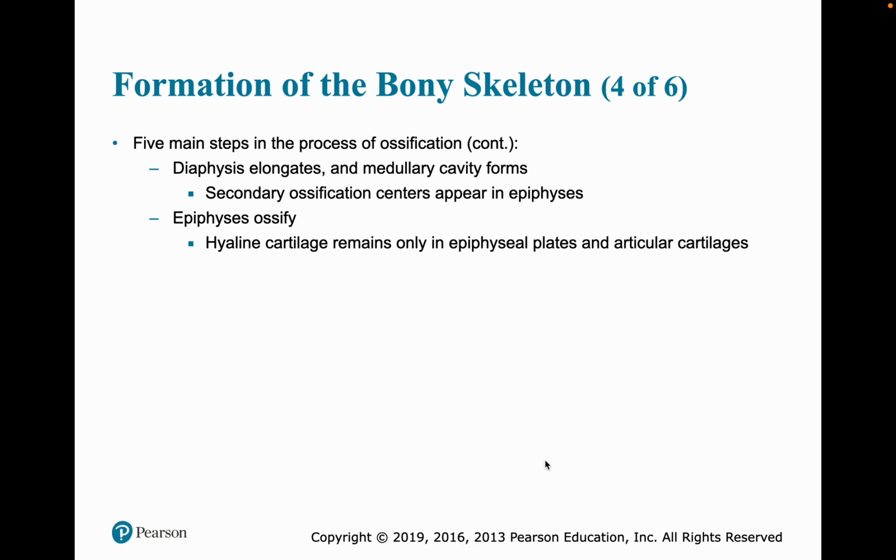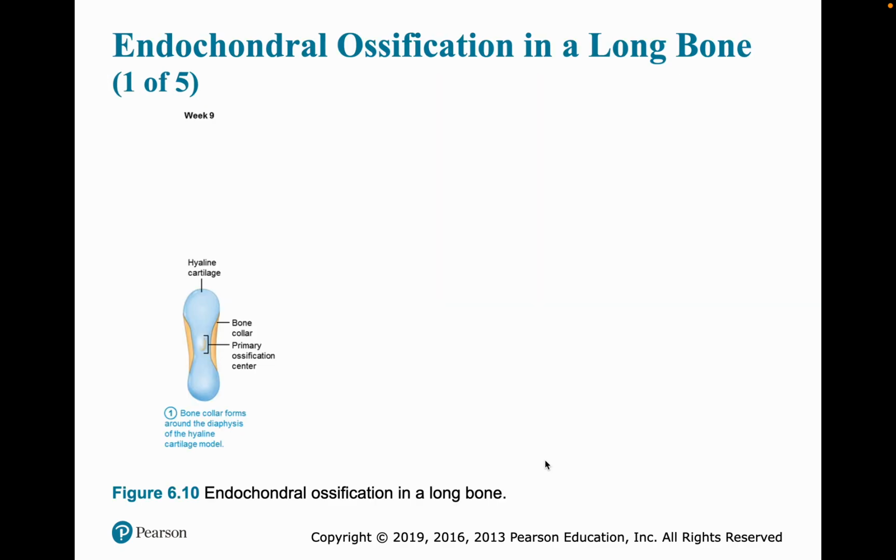Diaphysis will then elongate and the medullary cavity will form. That will lead to secondary ossification centers appearing in the ends, the epiphyses. The epiphyses would then ossify as hyaline cartilage remains only in the epiphyseal plate and on the articular cartilages. So we start with step number 1, primary ossification.